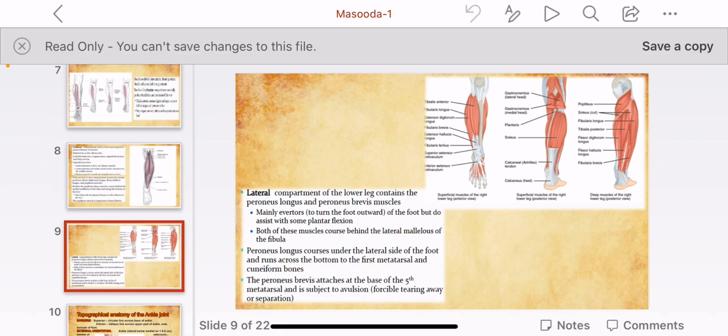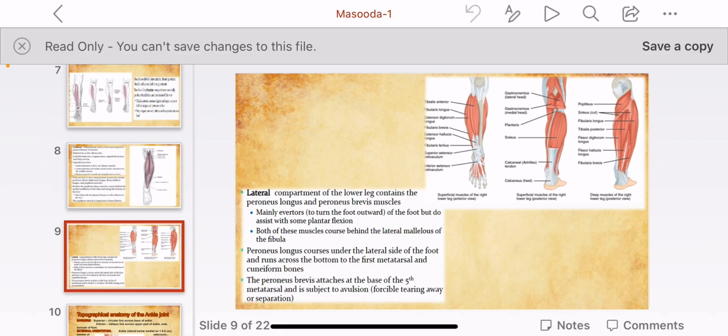The lateral compartment of the lower leg contains the peroneus longus and peroneus brevis muscles, mainly evertors that turn the foot outward, but they do assist with simple plantar flexion. Both of these muscles course behind the lateral malleolus of the fibula.